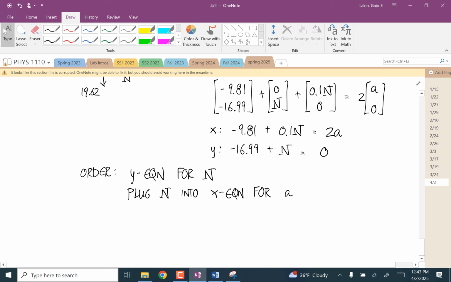Okay, so the y equation says n is equal to 16.99. Do the algebra. Then the x equation says negative 9.81 plus 0.1 times what we get for n, which is 16.99, is equal to 2a.